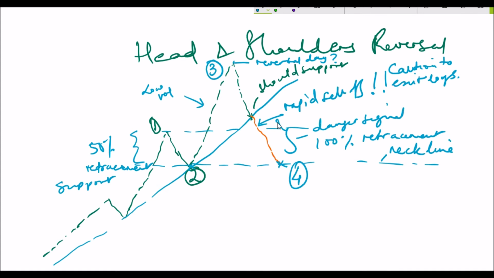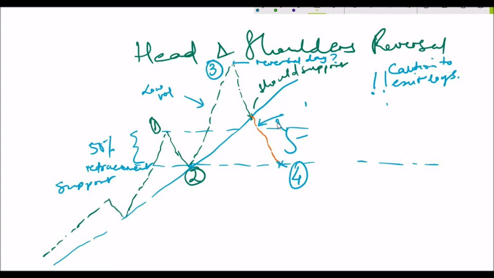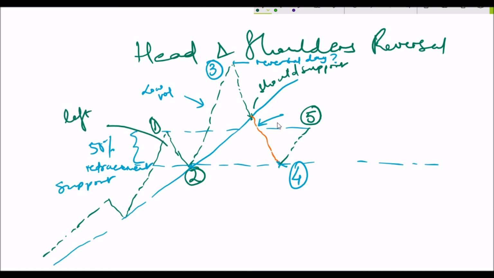The neckline forms a support for the next up move to point 5. What's noticeable about point 5 is that it does not rise above the head or point 3, the peak. The failure to rise above 3 and light volumes from point 4 to 5 signifies a new downtrend.